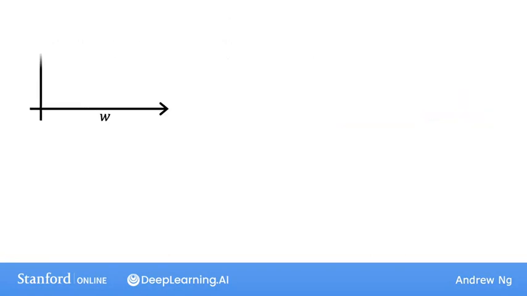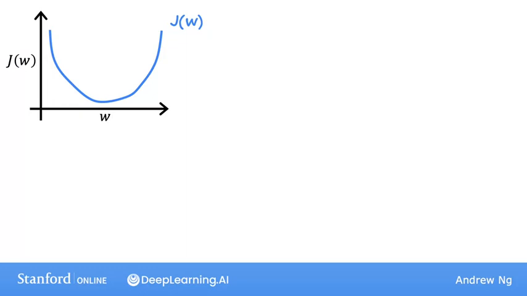So this is like our previous example where we had temporarily set b equal to 0. With one parameter w instead of 2, you can look at two-dimensional graphs of the cost function J instead of three-dimensional graphs. Let's look at what gradient descent does on this function J of w. Here on the horizontal axis is parameter w, and on the vertical axis is the cost J of w.